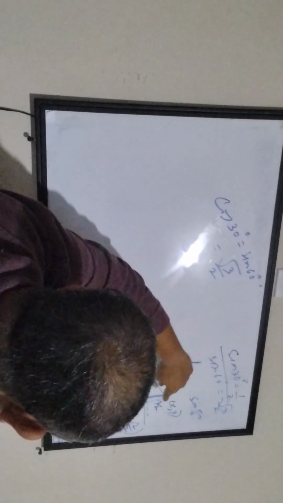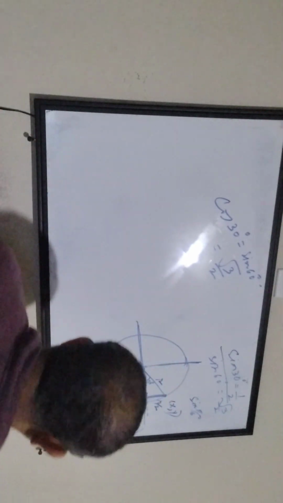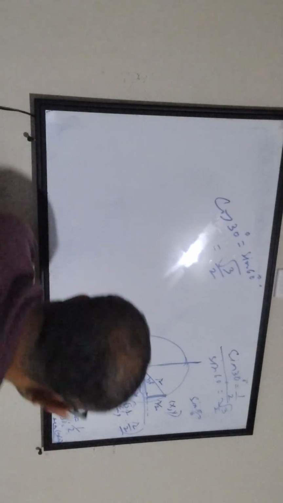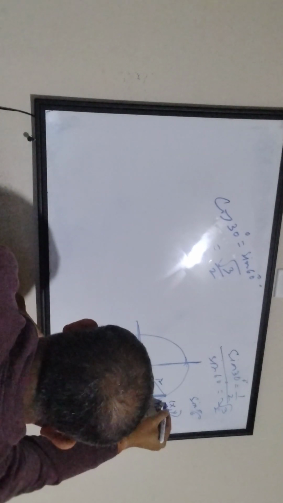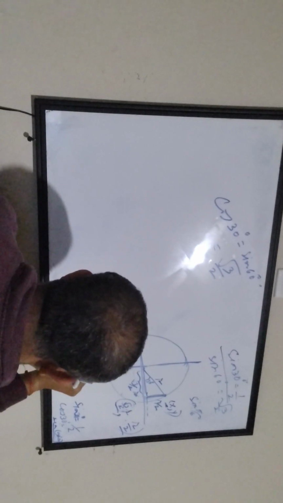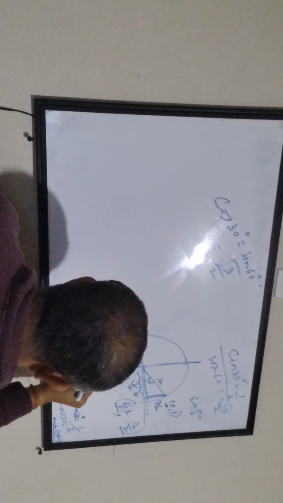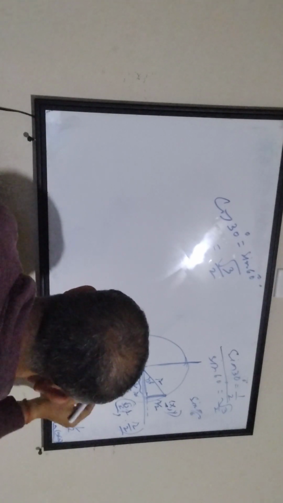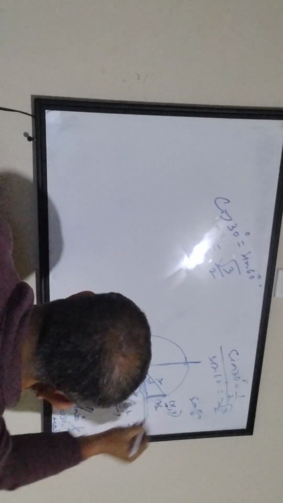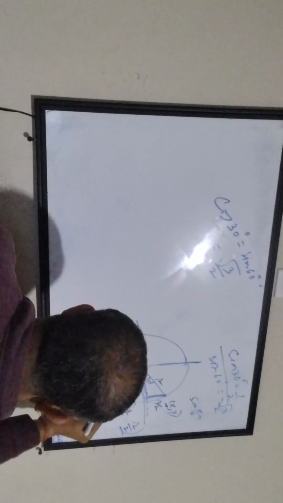Now you look at this point: the x coordinate is root 3 by 2 r, and the y coordinate is r by 2, meaning the x coordinate is r times cos 30 degree, and the y coordinate is r times sine of 30 degree.